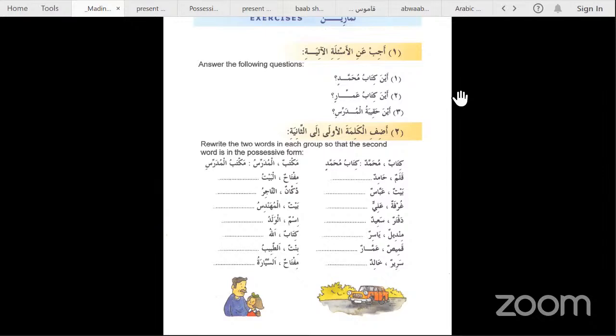Excellent. Next one. Aina. أين كتاب عمار؟ So هو كتاب هو تحت المكتب. No, I want to change it.